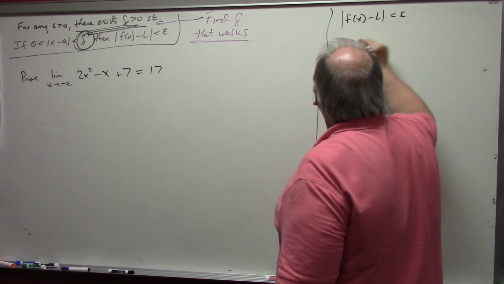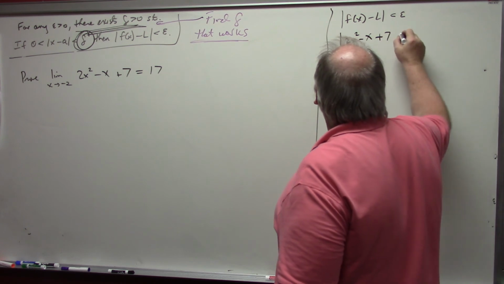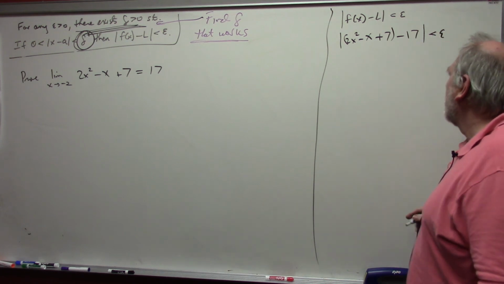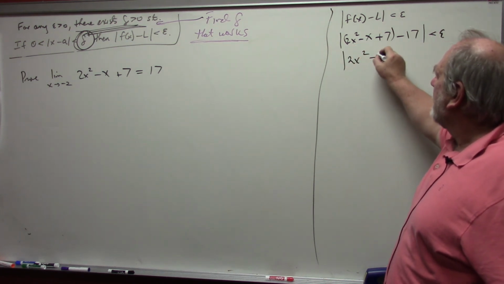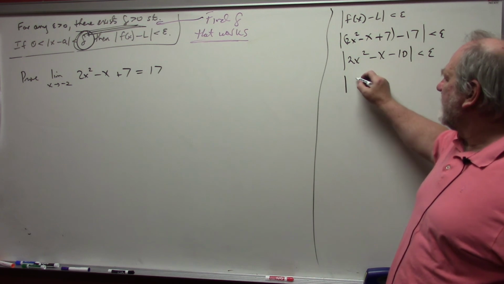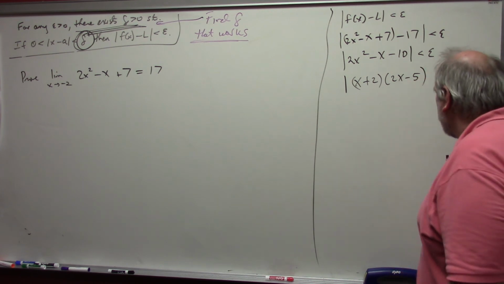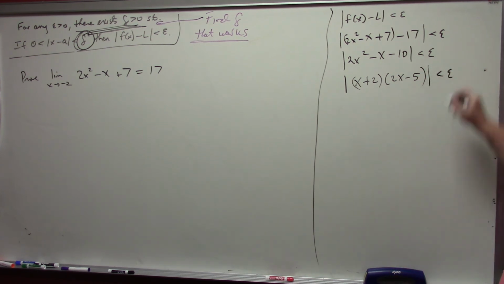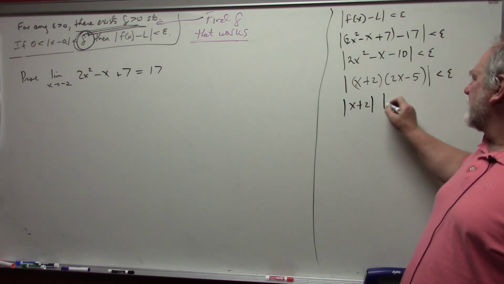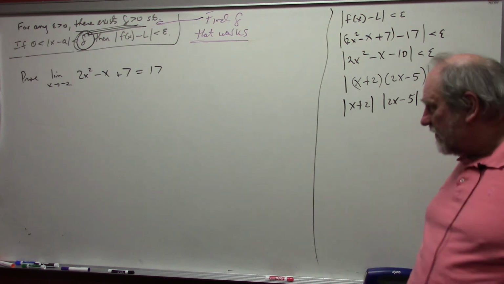In this case, gives me 2x squared minus x plus 7 minus 17, and absolute value is less than epsilon, which gives me 2x squared minus x minus 10, which factors nicely as x plus 2 times 2x minus 5, which gives me absolute value of x plus 2 times the absolute value of 2x minus 5. The x plus 2 is good. That's the absolute value of x minus a.